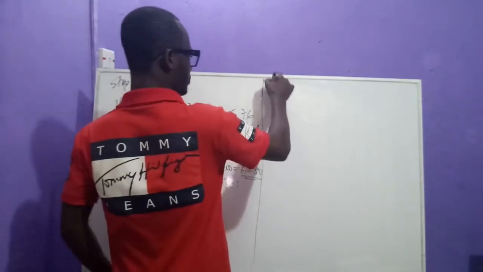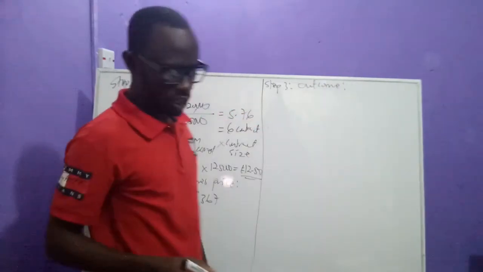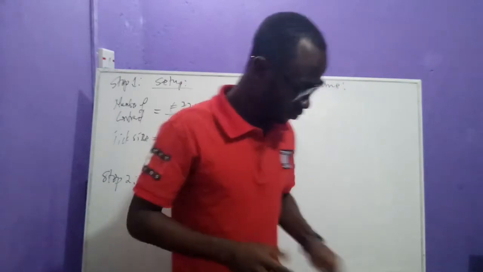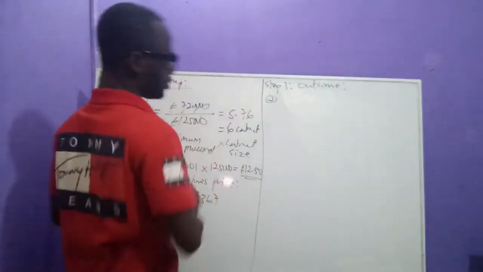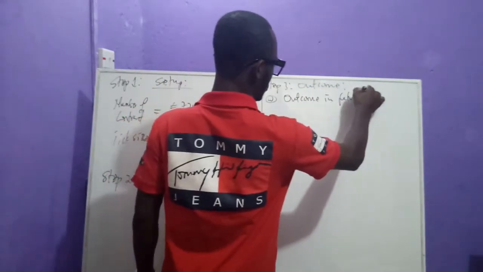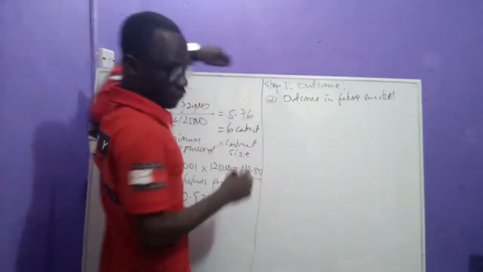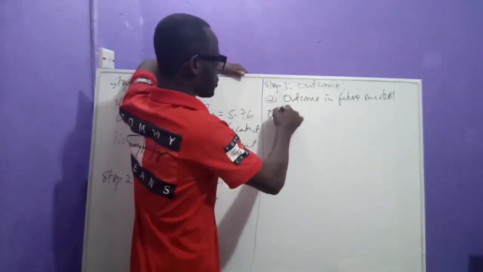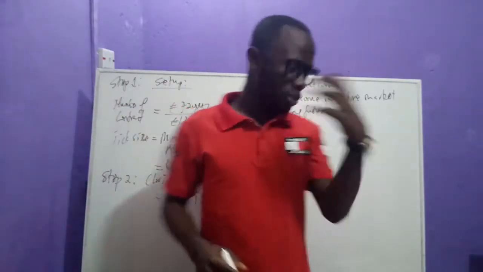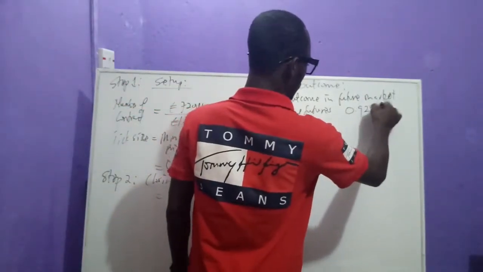So step 3 is the outcome. First, we're going to have the outcome in the futures market. So the outcome in the futures market will be, first, the opening futures price. We always buy at a low rate, and our buying was 0.9245.